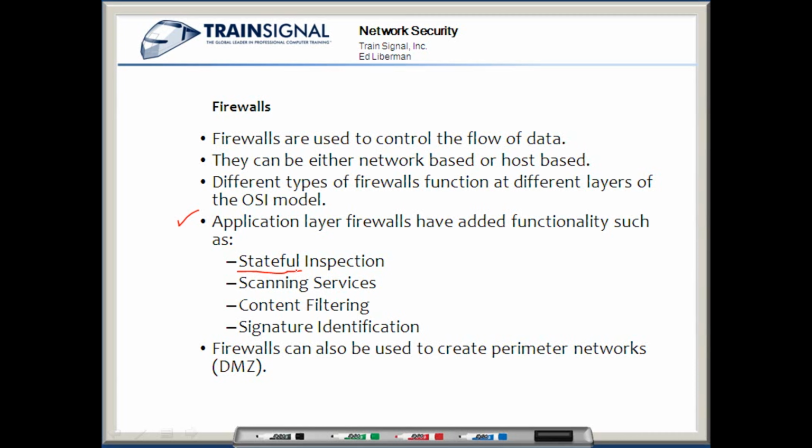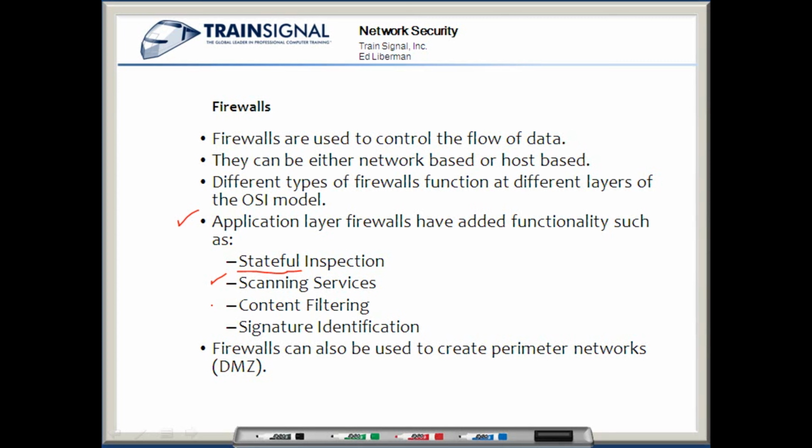Now, another type of added functionality that we have with our application layer firewalls is something called scanning services, or what is most typically referred to as virus scanning services or malware scanning services, where you have a firewall that has the ability to scan the content of the packet to see if it has any malicious code.